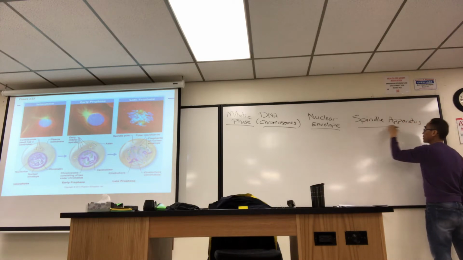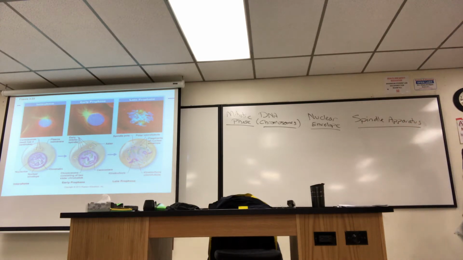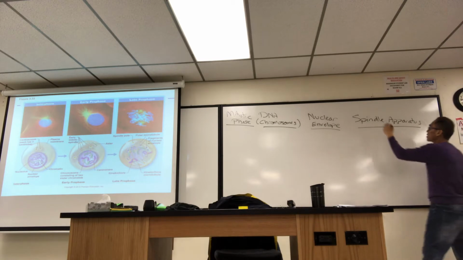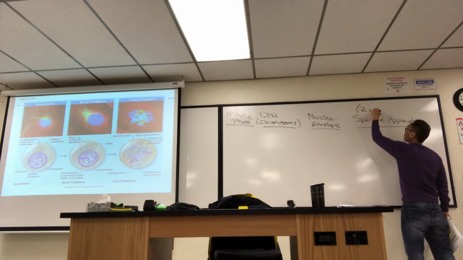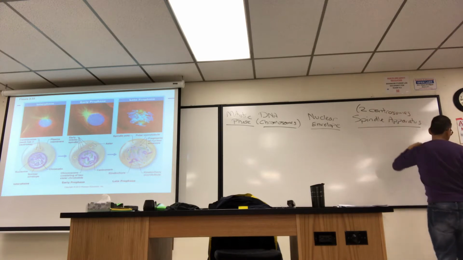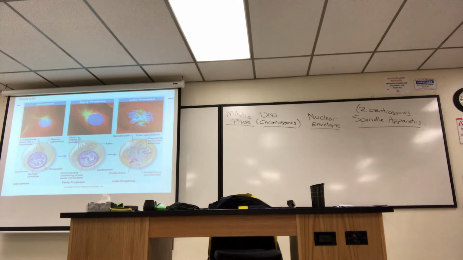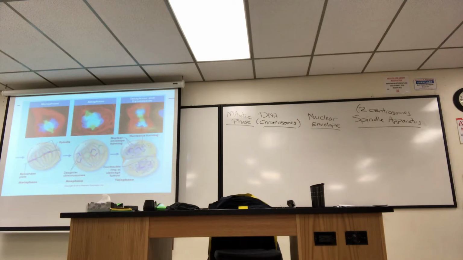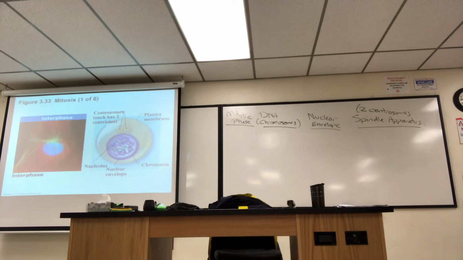The spindle apparatus is the two centrosomes. They make a spindle in certain phases. This figure shows the first three phases. I wish this were an animation instead of a freeze frame, but maybe you could look up an animation.